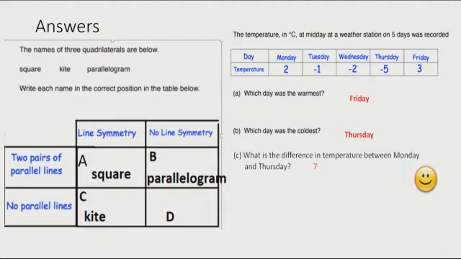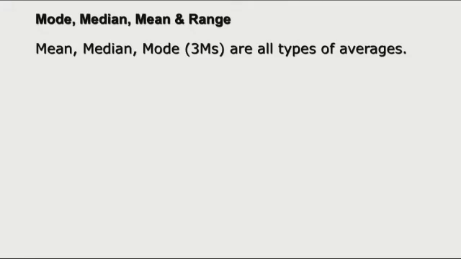Okay, and then the next diagram, here you've got the difference: the warmest is Friday, the coldest is Thursday, and the difference in temperature is 7. Well done, you've got a smiley face for that. Okay, we go on, we're looking now at what is today's lesson.